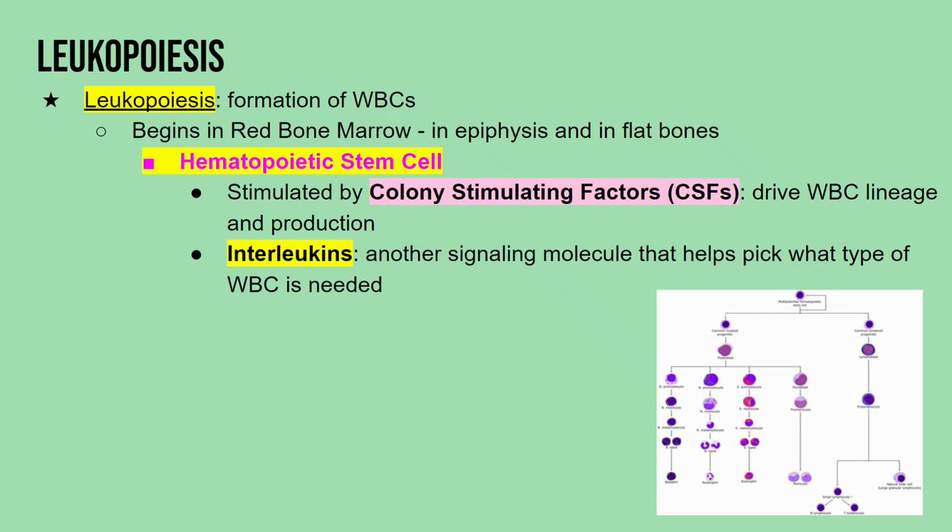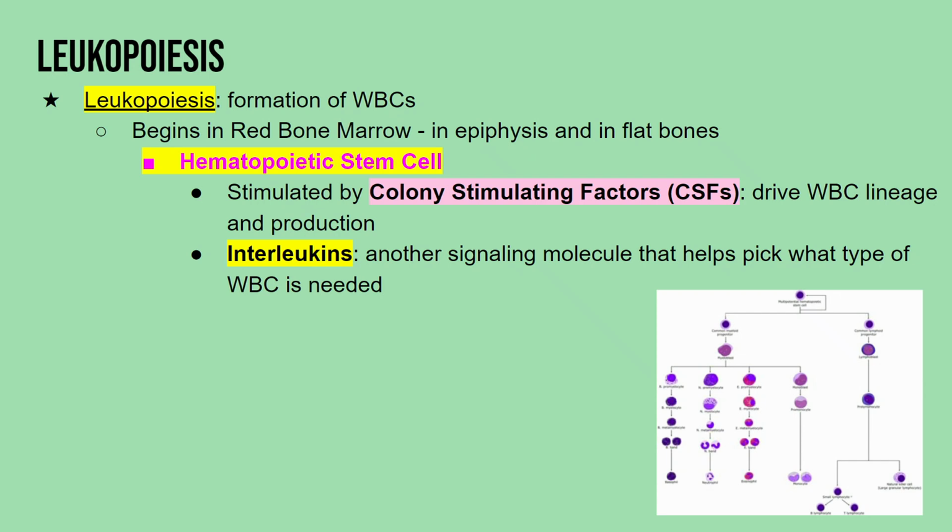Here's a little bit on leukopoiesis. So this is formation of white blood cells, and it always begins in the red bone marrow, in the epiphysis, and in flat bones. So it starts with the hematopoietic stem cell, which is stimulated by colony stimulating factors.